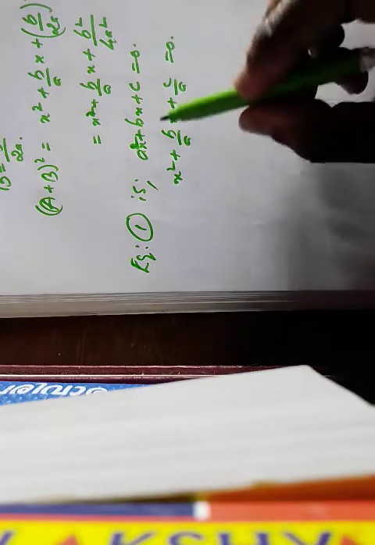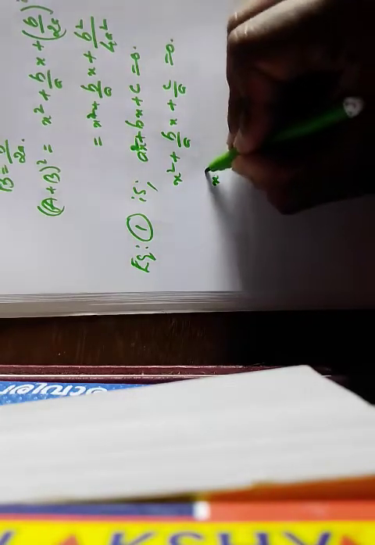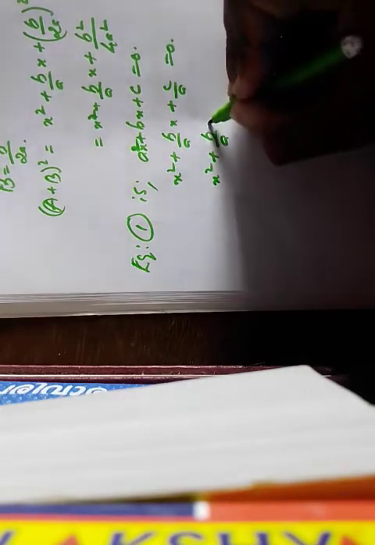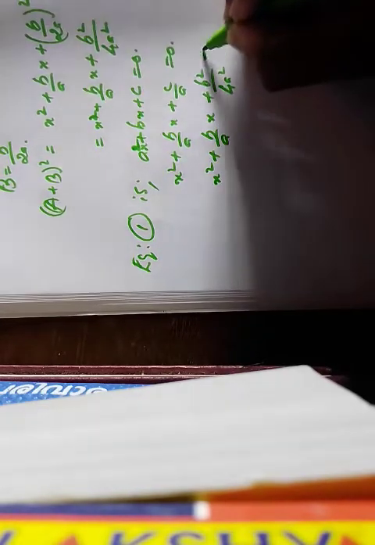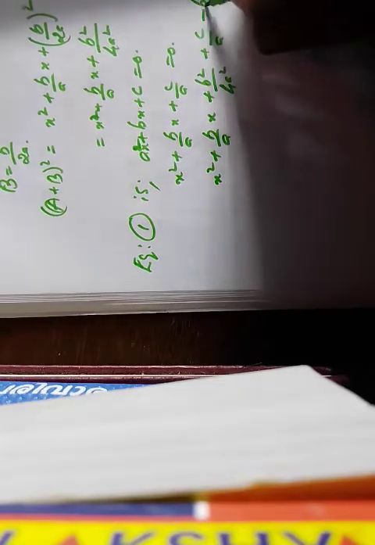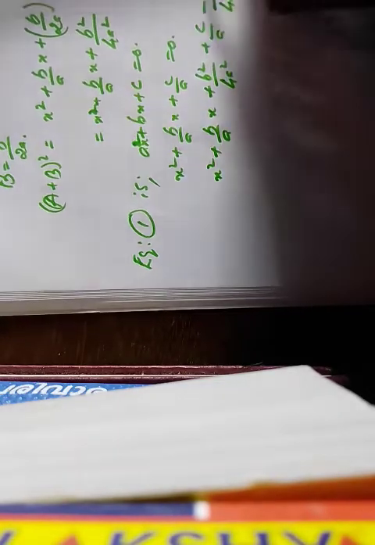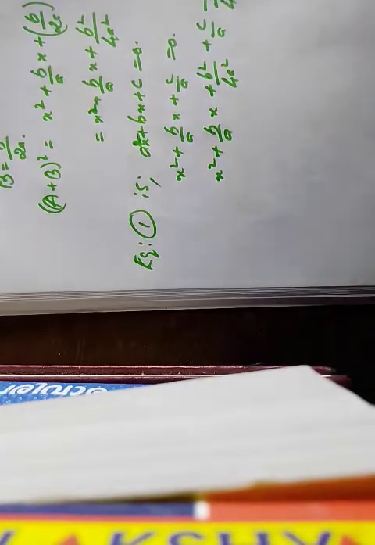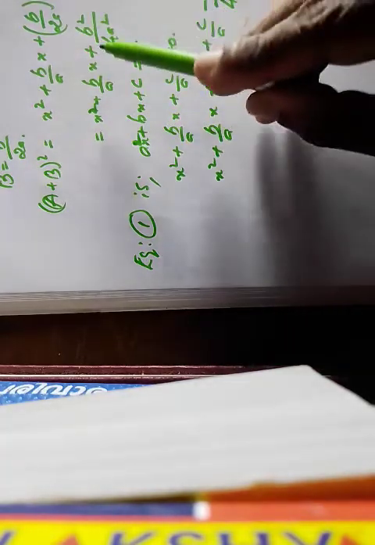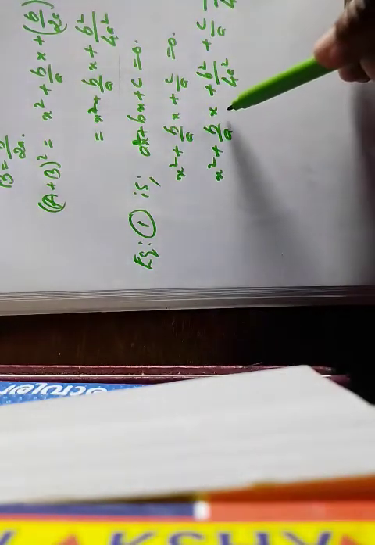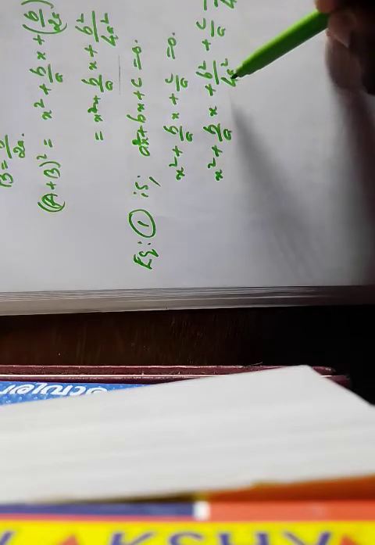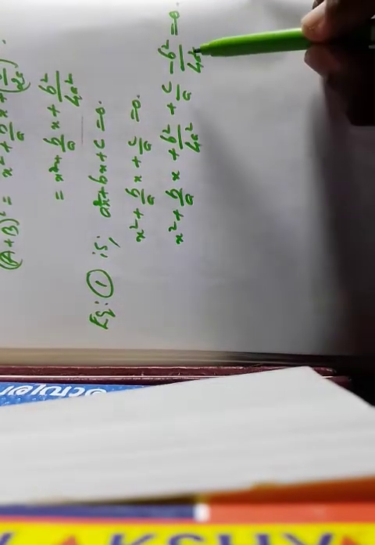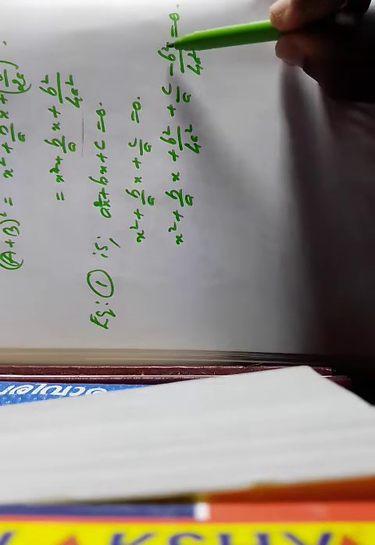Then we get x square plus b by a into x plus b square by 4a square plus c by a minus b square by 4a square is equal to 0. Here we are including this term in the equation, and to keep the value equal we subtract the same value.